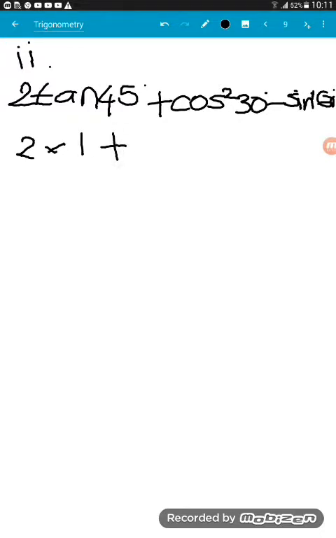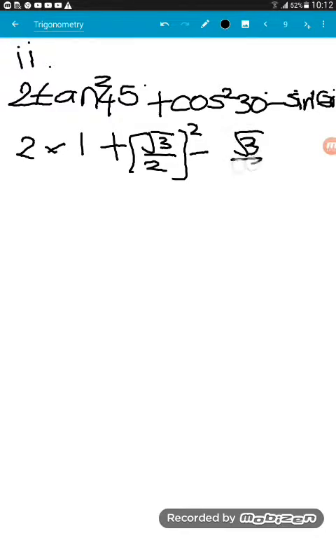Plus cos square 30 degree, which is root 3 by 2 the whole square, minus sin square 60, root 3 by 2 the whole square.